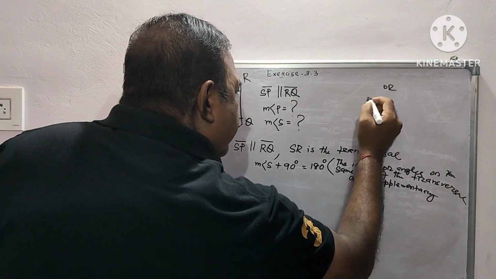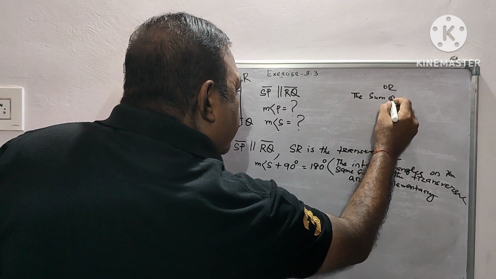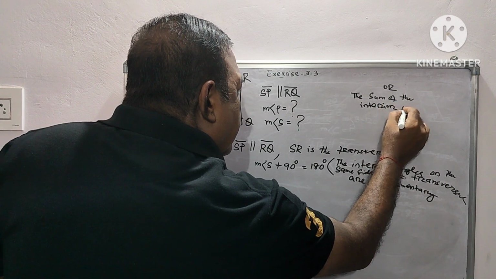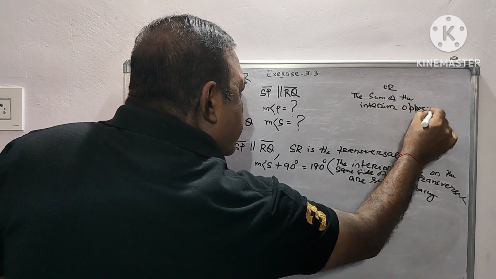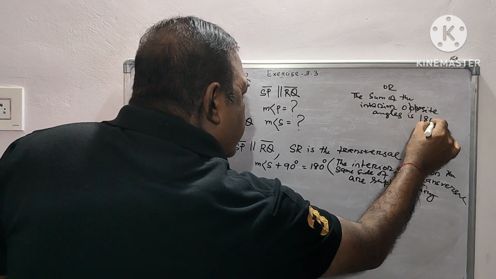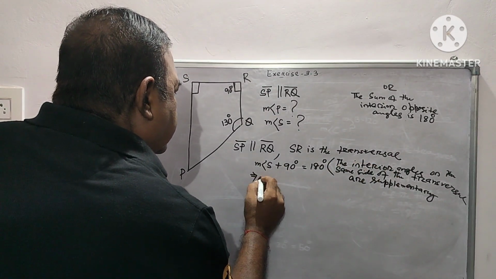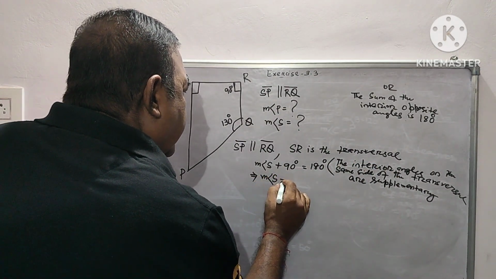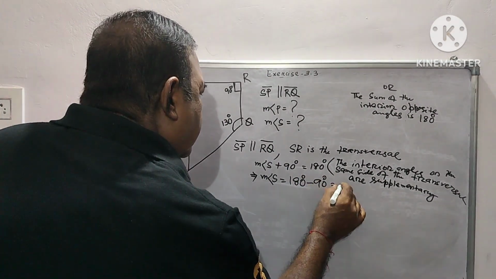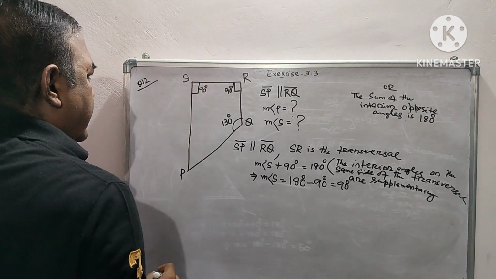Or you may write the sum of the interior opposite angles is 180 degree. You may write this or this. That implies measure of angle S is equal to 180 degree minus 90 degree, that is equal to 90 degree. So we got this as 90 degree.